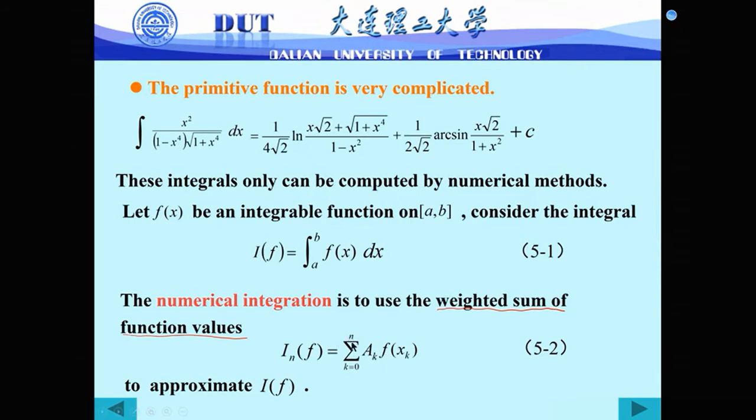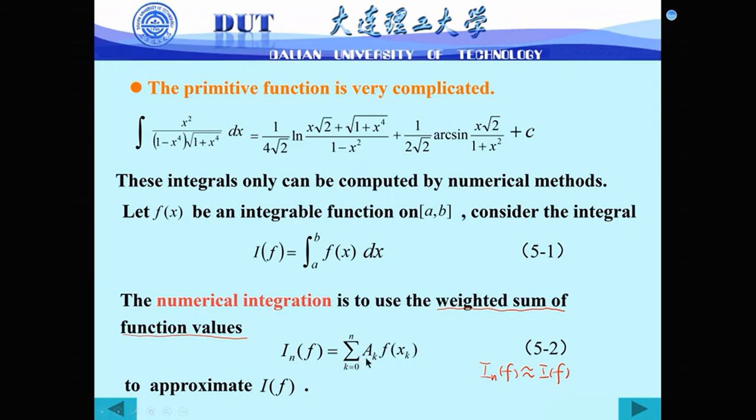Here we use n plus 1 knots. So this is our aim, to use this numerical integration I_n(f) to approximate the exact integral I(f). So the question now is how to choose the knots x_k and how to determine the coefficients a_k of the weighted summation.